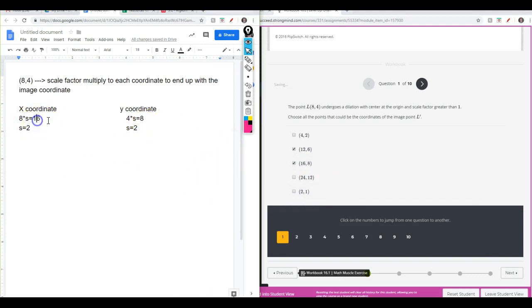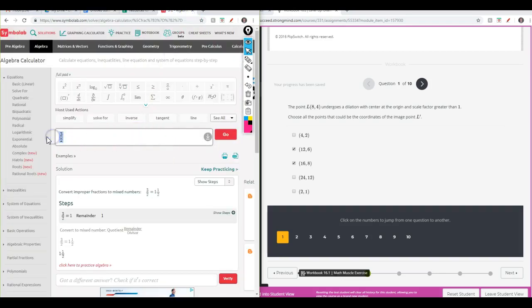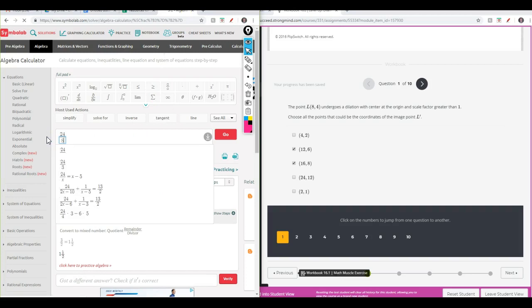So let's check the next one. We know that the new x-coordinate is 24. So 8 times some number equals 24. I know that 8 times 3 is 24, so I know that the scale factor is 3. If you aren't sure about it, you can always do 24 divided by 8.